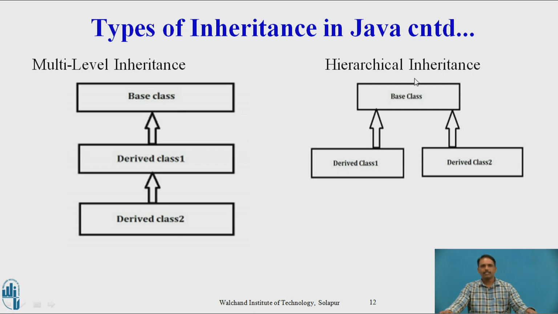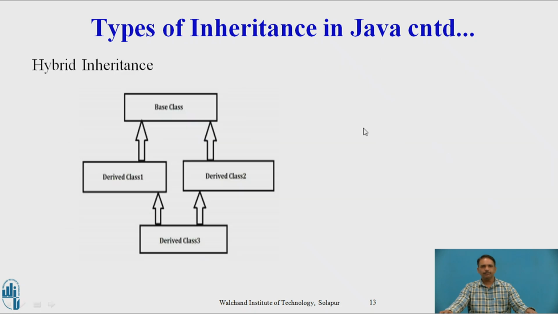Now we have hierarchical inheritance where one base class is derived by more than one derived class. This is also possible and allowed in Java. Lastly, we have hybrid inheritance where we have combinations of all the types of inheritance that we have seen earlier.